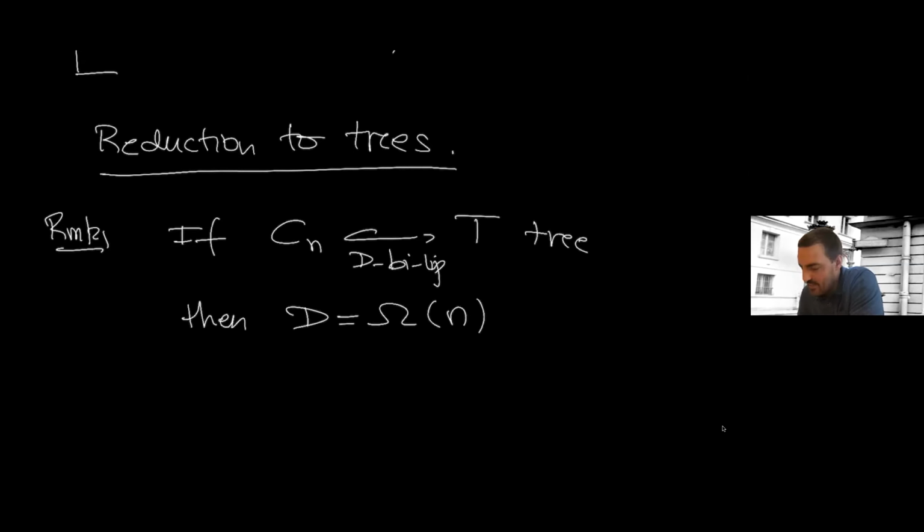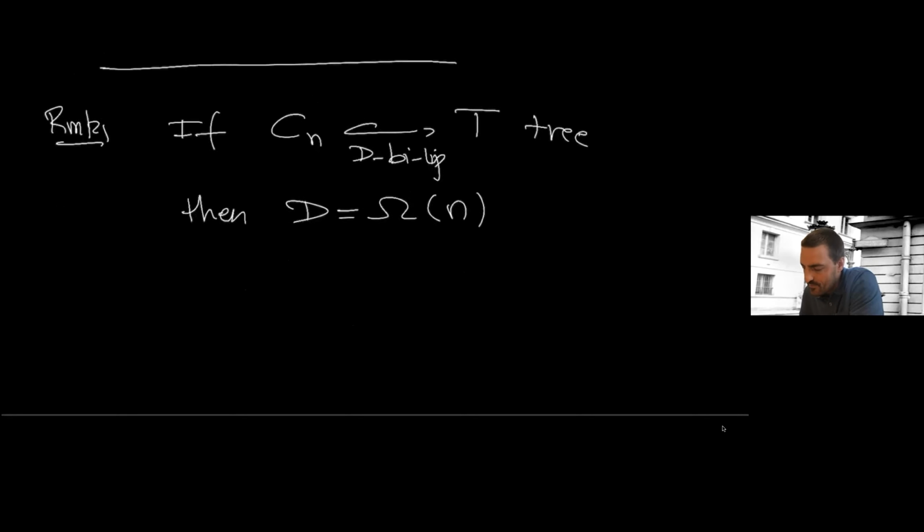This is definitely not difficult to see, and intuitively it's clear. You're trying to embed a cycle into a graph that is acyclic, right? So there has to be some distortion, okay? And this is pretty bad. It's proportional to n, so there's no way that this naive idea can work, okay?